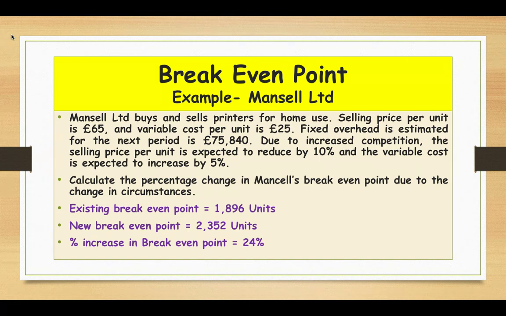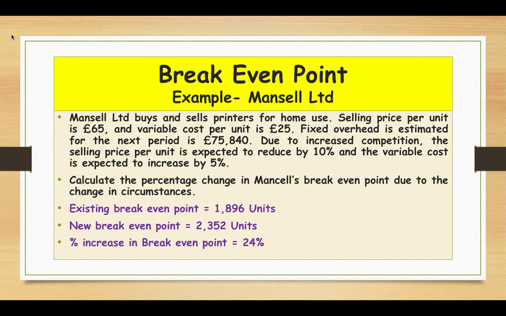So the new break-even point in units will be 2,352 units. So before, we had to sell 1,896 units to break even. Now, after these changes, our new break-even point has increased to 2,352 units.